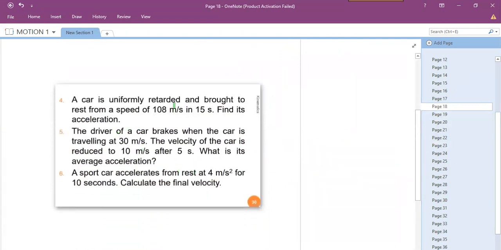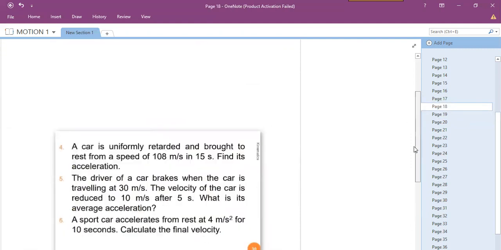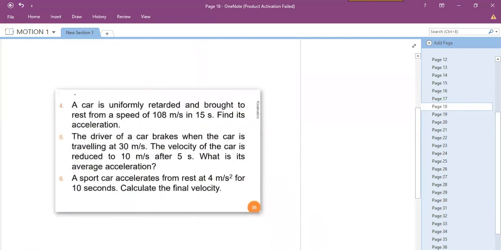All right, so we have a sample question here. Let's try to analyze it. Does it require us to draw a motion graph? I think it might, just to help us understand this scenario.